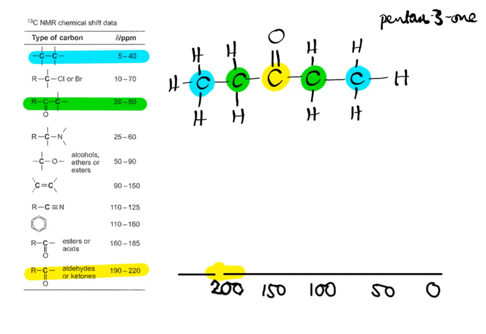So that's what we'd expect our spectrum to look like. So 3 peaks in those regions. You can also see that the peaks for the blue and the green carbons will probably be higher than that for the yellow carbon because they've been caused by twice as many carbons.